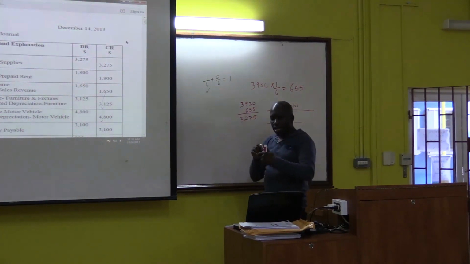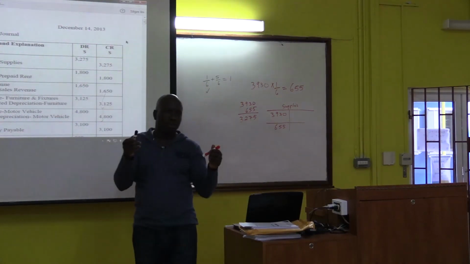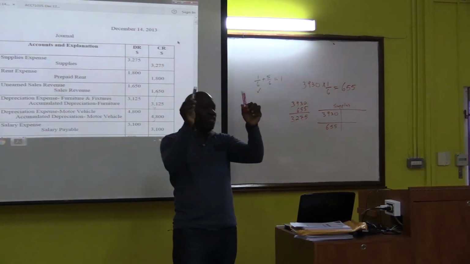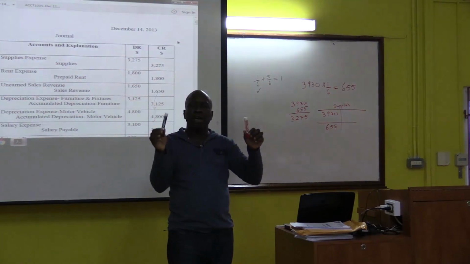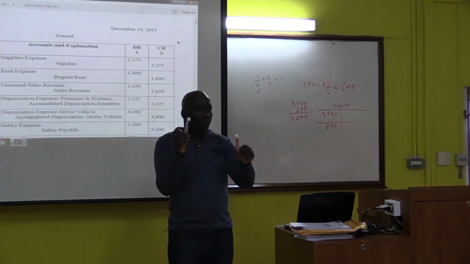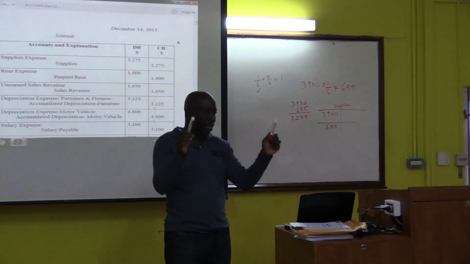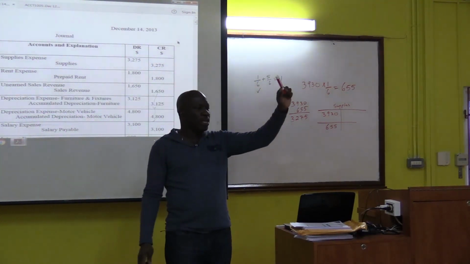Let me go over that again. We have inventory. Let's say we have 6 of these markers. The question paper said 1/6 of the markers remains. That means if we have 6 markers, only 1 is left.